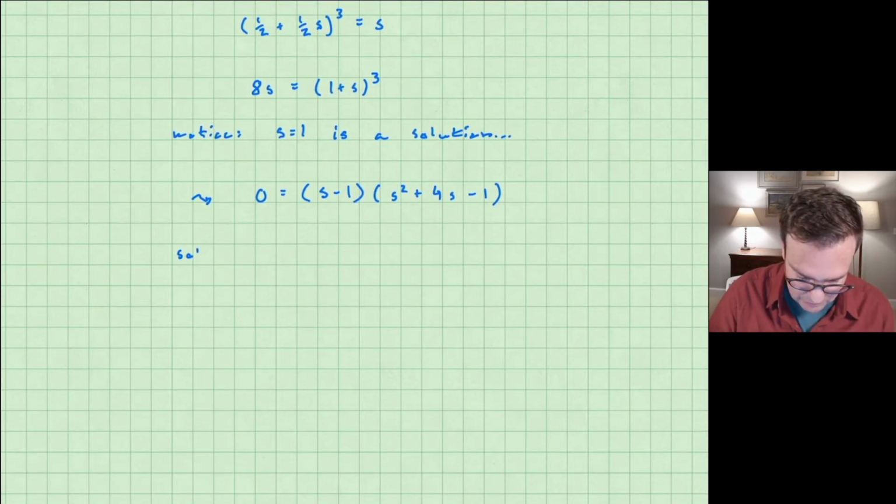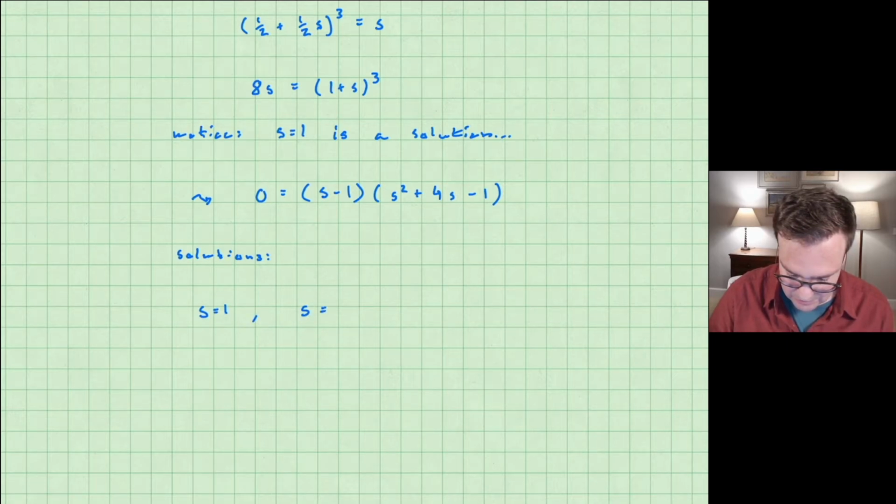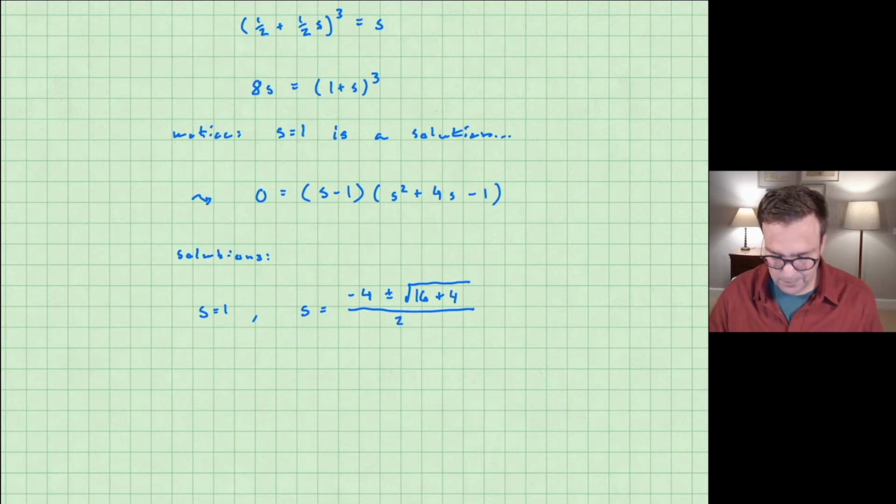So we have solutions. We have s equals 1 is a solution, as I just said. And we also have s is equal to, and so we break out our old memory from childhood, minus 4 plus or minus the square root of 16 plus 4, all divided by 2, right?